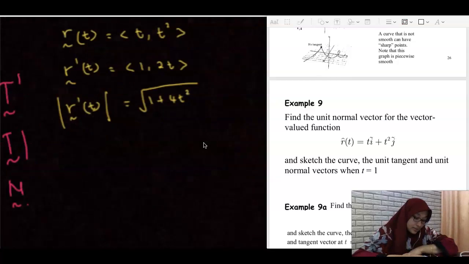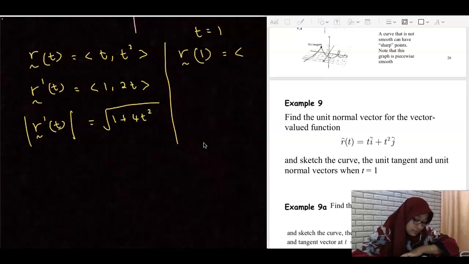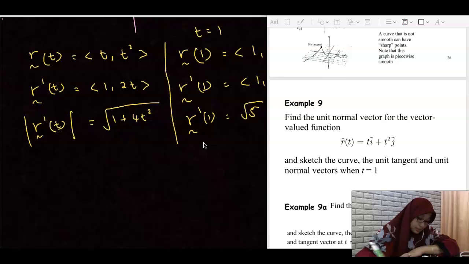Now, because they give you the specific t, we compute the vectors for the specific t. The vector r becomes (1, 1), and the vector r prime is given by (1, 2). So the magnitude is square root 5. Before we can have the unit normal, you must obtain the unit tangent.